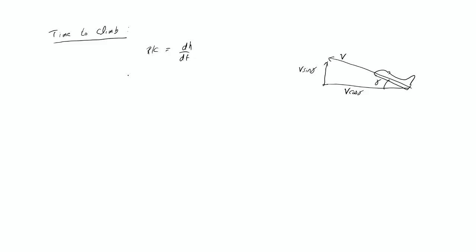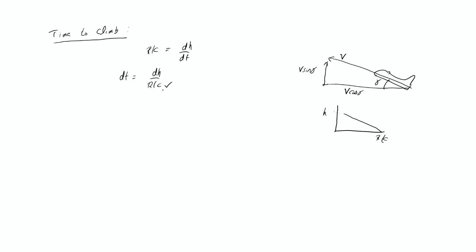So here we are interested in finding dt. Let me write here dt equals dH upon R/C. Here R/C is also a function of altitude, as we have seen earlier. In this figure, we have just drawn altitude versus R/C, so it was also a function of altitude.